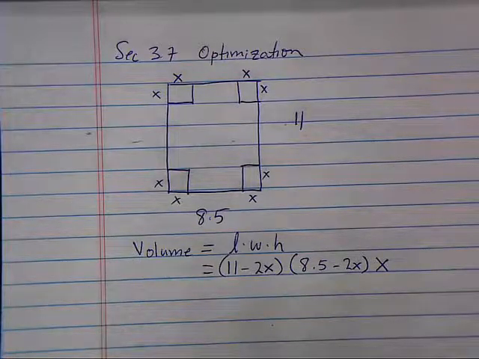Now, what do we want to find? We want to find the optimal value for x. We want to maximize the volume. How do you find the maximum or minimum of something? You find the derivative. And then what do you do with the derivative? Set it equal to 0 or undefined, and that gives you your critical points.